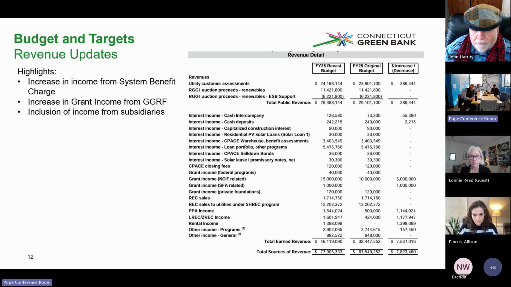I can tell you when we started this, the Green Bank back in 2011, that utility customer assessment was $29 million. So we have been doing our job. We've been helping customers reduce their demand by 20% to get our utility assessment down. The harder we work, the less money we get on that public revenue.